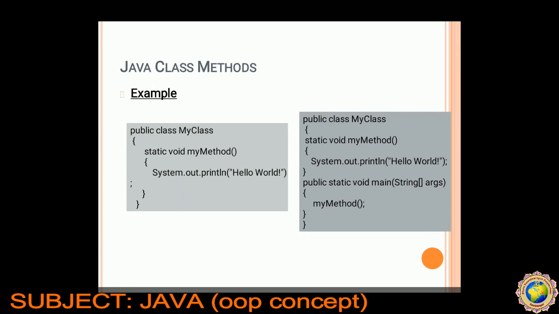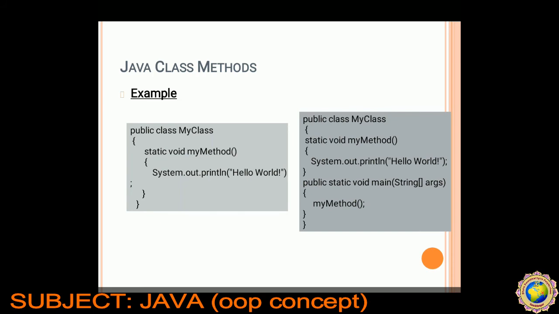Methods are declared inside the body of the class, immediately after the declaration of the instance variables. The general structure is given here: this is the type, static, and here the method name, myMethod. This is the method body, and in the parentheses we can apply the parameter list.